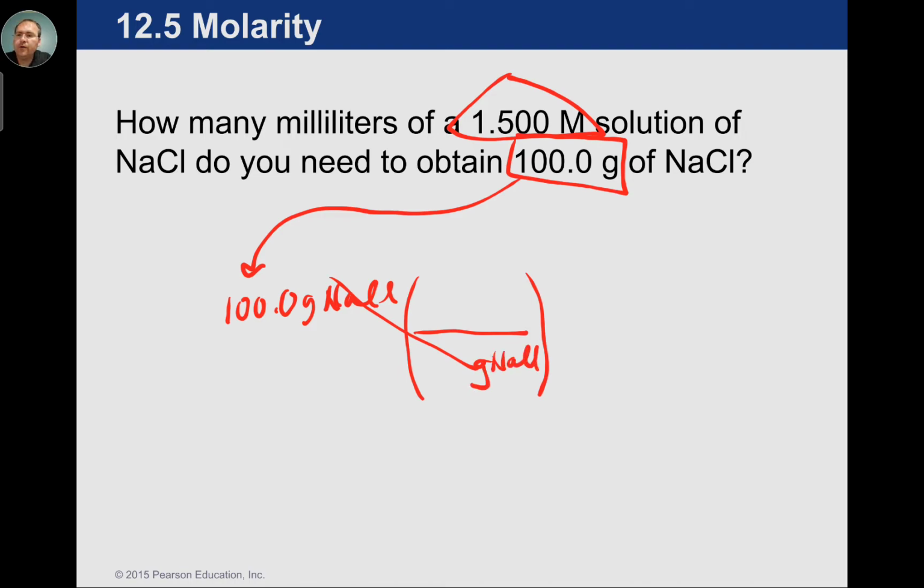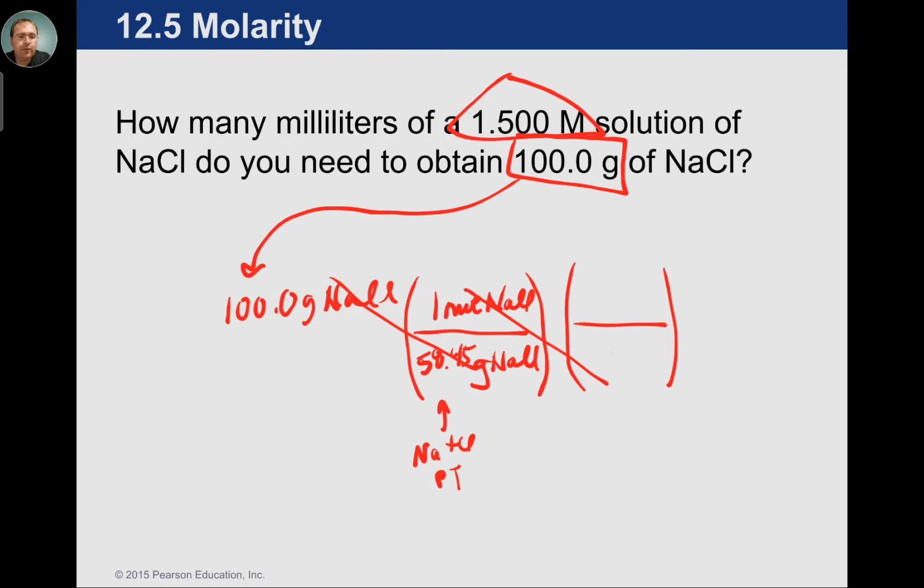We go to our definitions of moles, and one of them is every mole of sodium chloride can be measured on the periodic table, and that's just Na plus Cl again from the periodic table. So 23 plus 35 is about 58.45. Moles will then cancel.